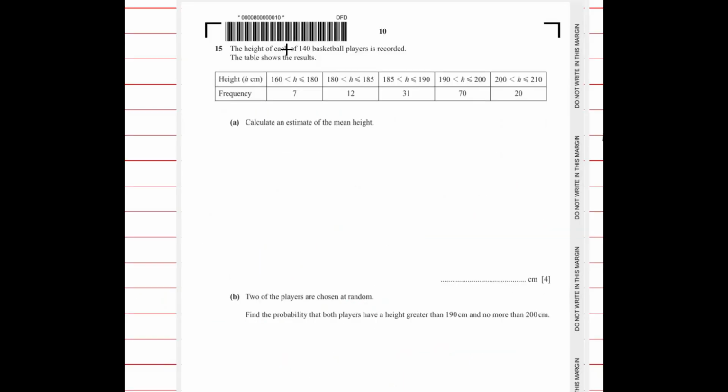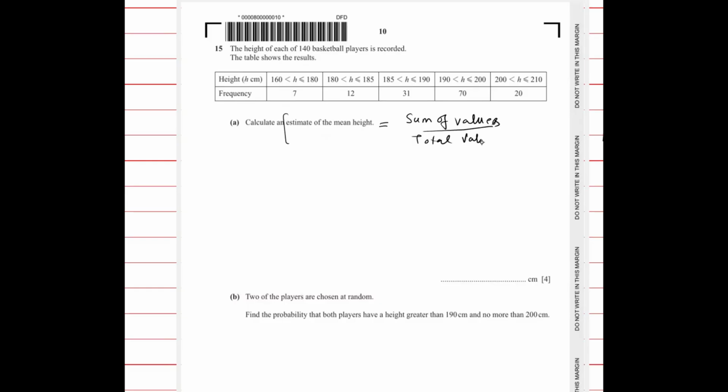Question 15. The height of each of 140 basketball players is recorded. The table shows the result. Calculate an estimate of the mean height. The estimated mean is equal to the sum of values divided by the total number of values.